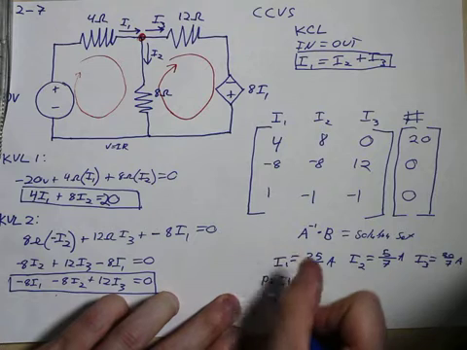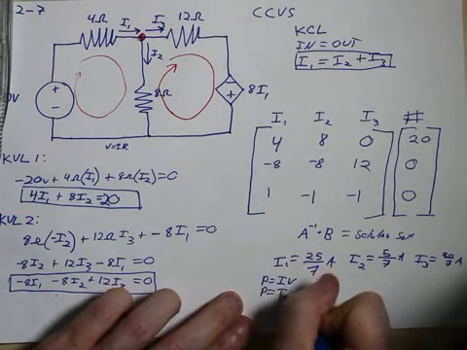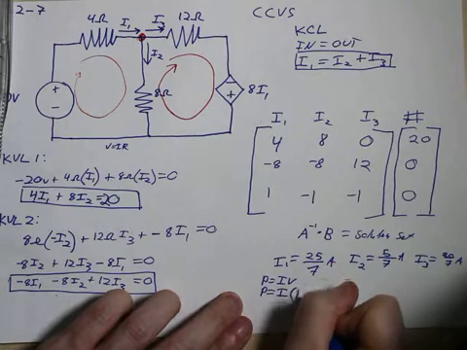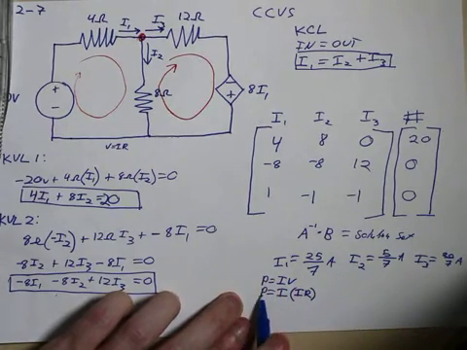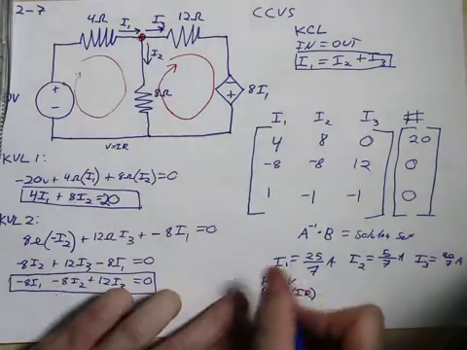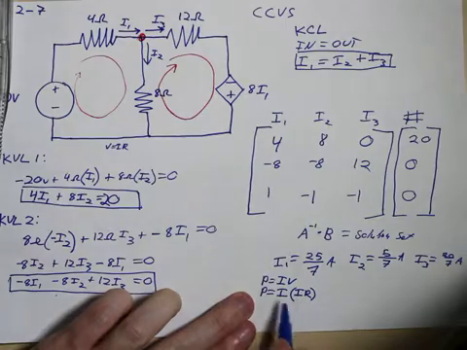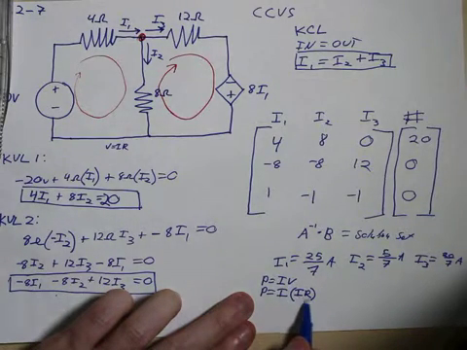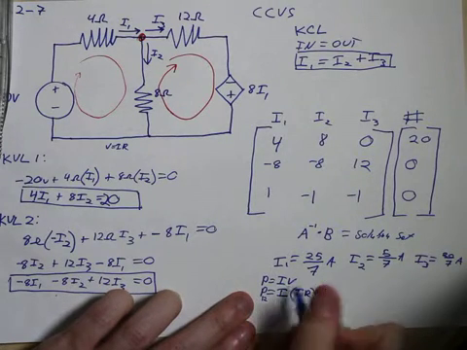So power equals I, and then V equals IR, okay? And remember, this is the power in the 12 ohm resistor equals the current going through the 12 ohm resistor, which is I3 times 12 ohms.